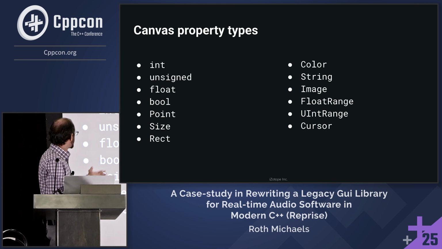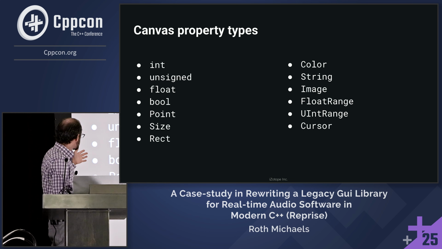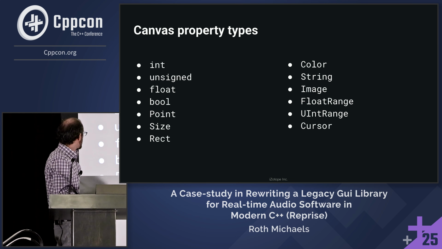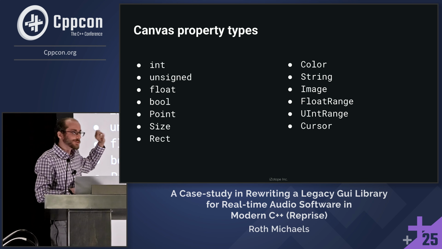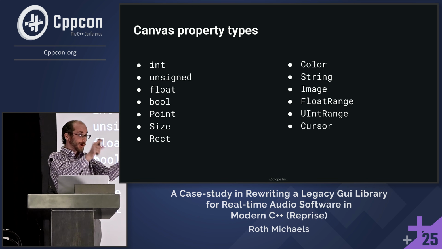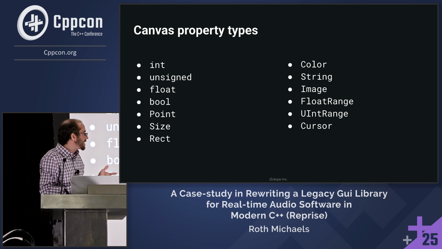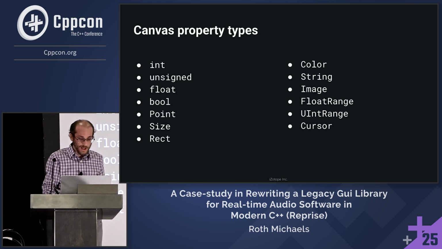And there's a limited number of types. Everything was essentially these basic primitive types: points, sizes, rects, colors, strings, images. What this meant is that anything beyond this was just a string, and then people would do their own string parsing in their class. You could define more properties, but the APIs didn't encourage people to do it. So that was the other thing.